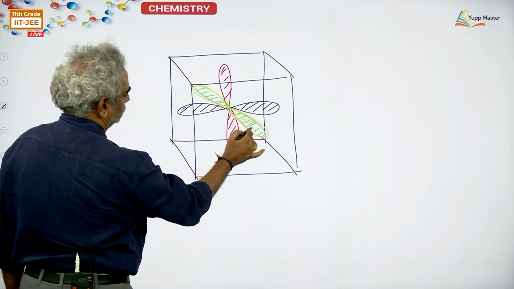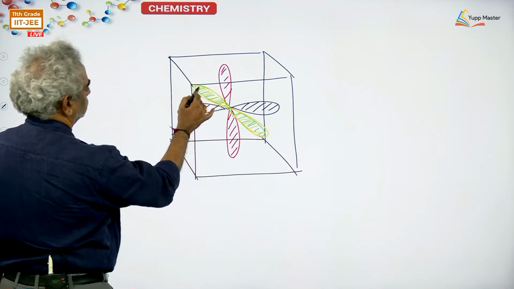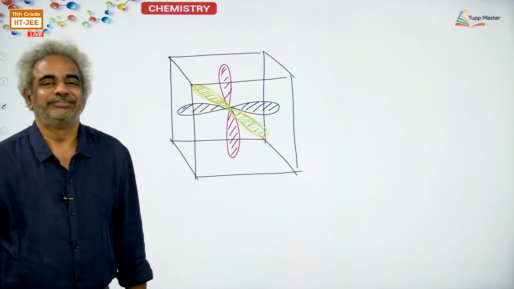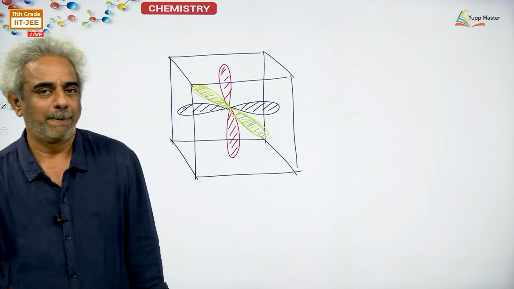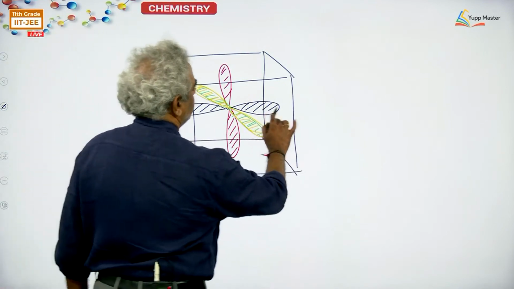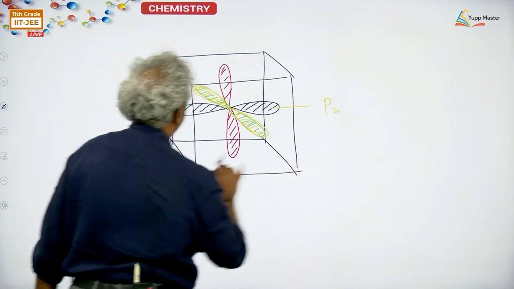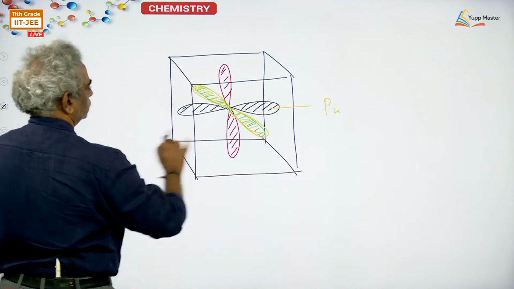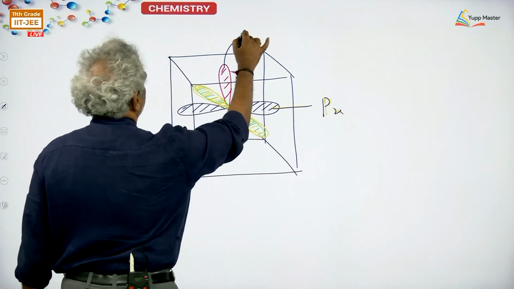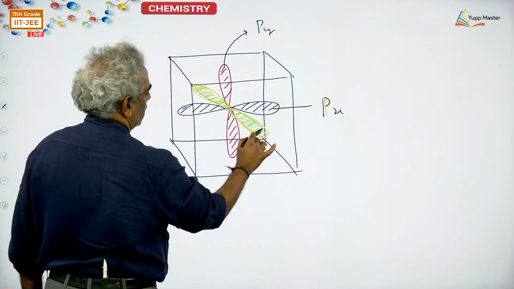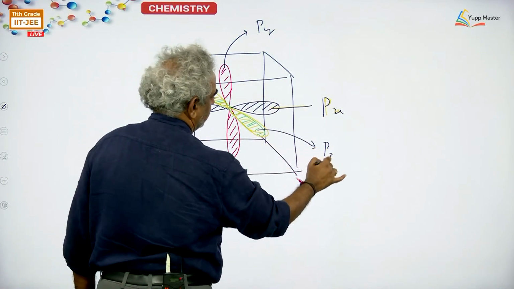Gold color, yeah. There are 3 varieties of p orbitals. They are mutually perpendicular. See, this is px. We call it py, and this is going to be pz.